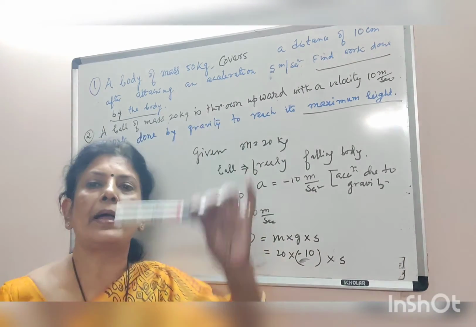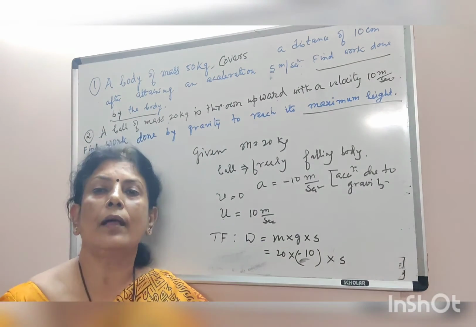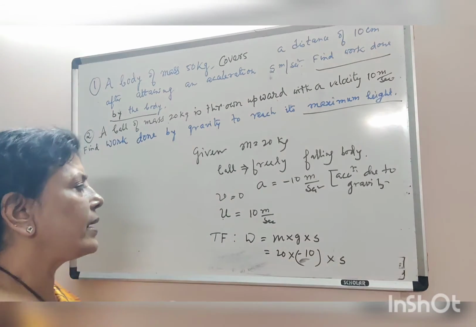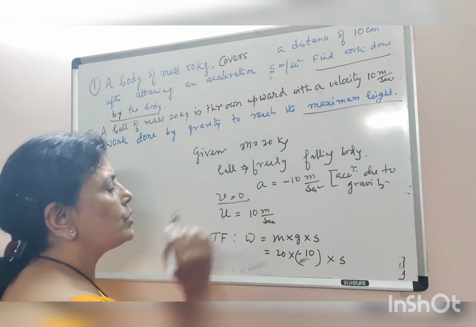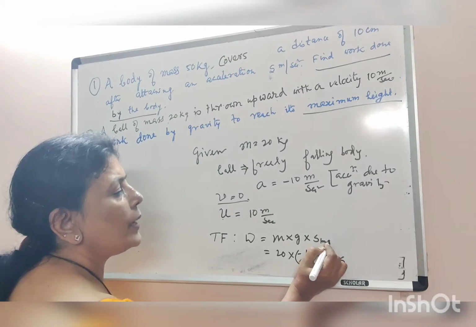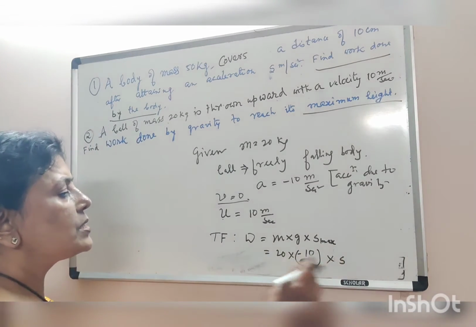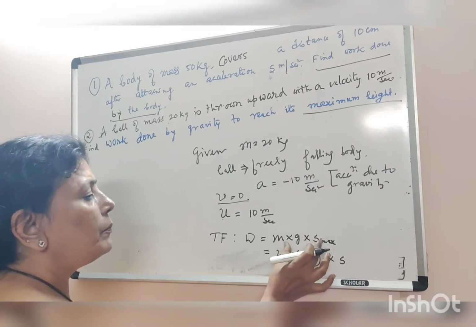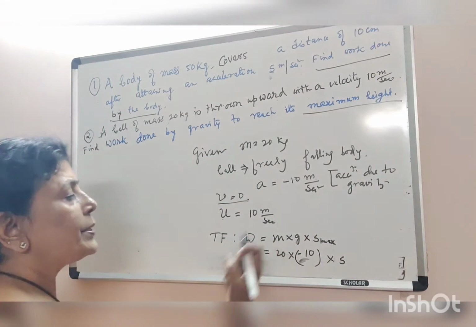Then again it comes back to the Earth's surface. That implies the final velocity of the ball is equal to 0 at maximum height. So s is equal to s max, the maximum height. That is the displacement of the ball due to gravitational pull.